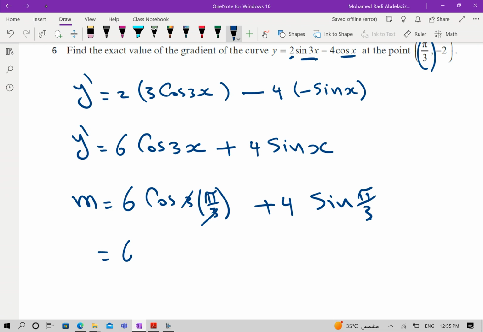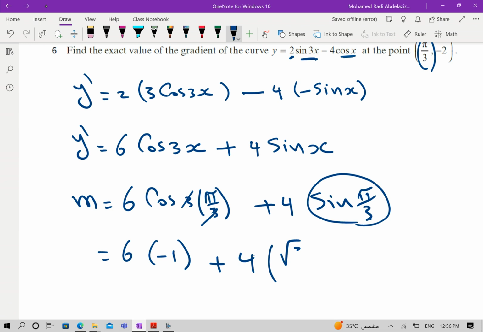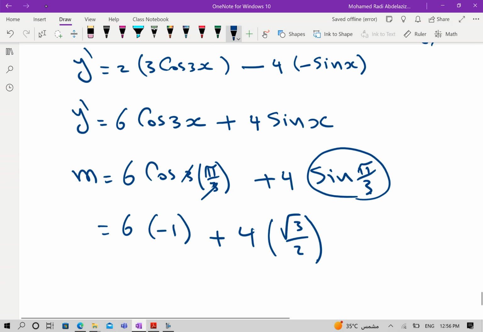So 6 cosine pi, which is negative 1, plus 4 sine pi over 3, which is root 3 over 2. Yes. Negative 6 plus 2 root 3. This is the exact value.